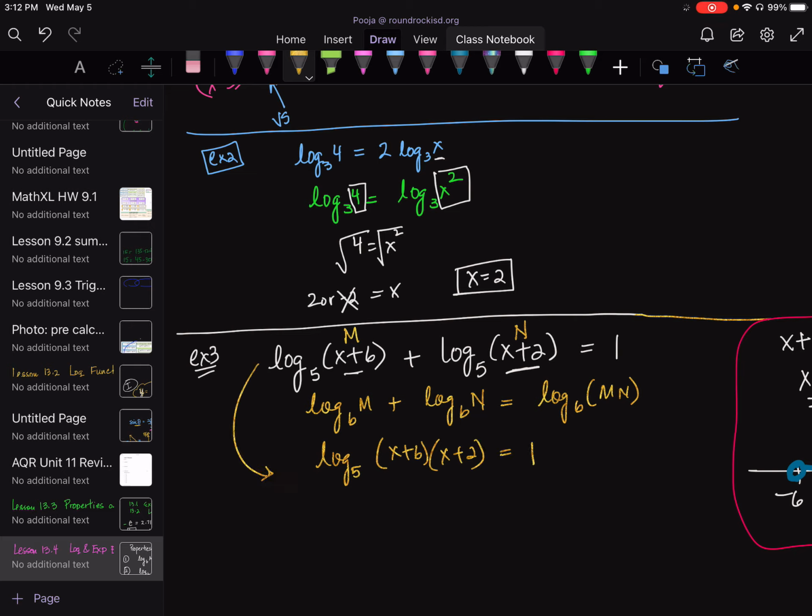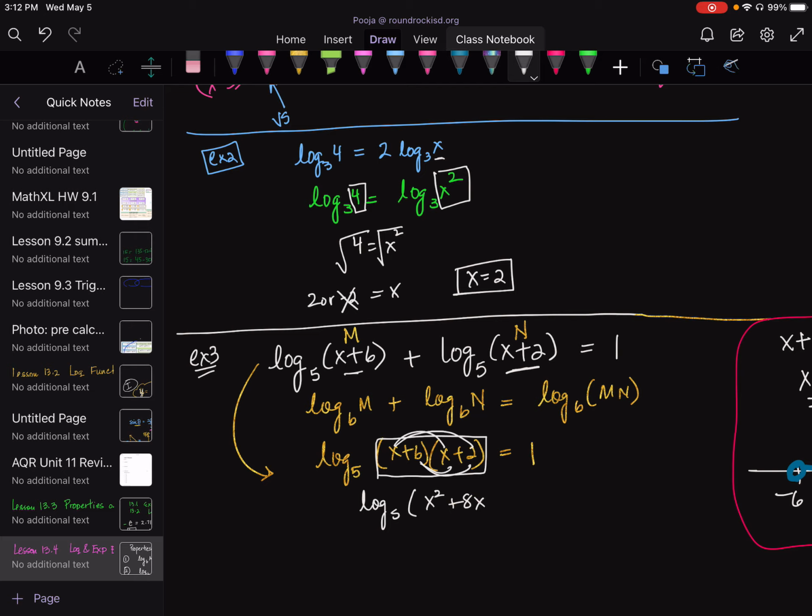So I kind of continued from there. Now that I combined it, a little bit of algebra kicks in here because these two can be multiplied using FOIL or however you want to multiply it. So I'm going to multiply these binomials. X times x is x squared plus 2x plus 6x, which is 8x.